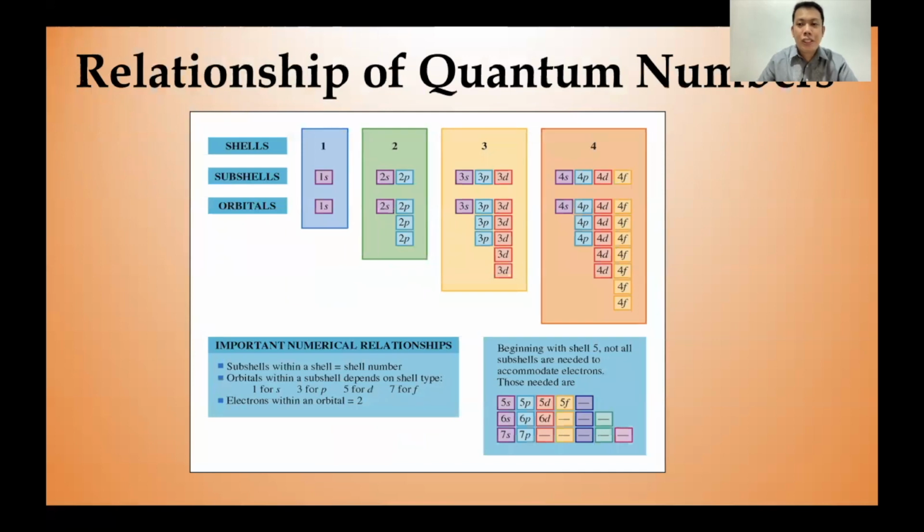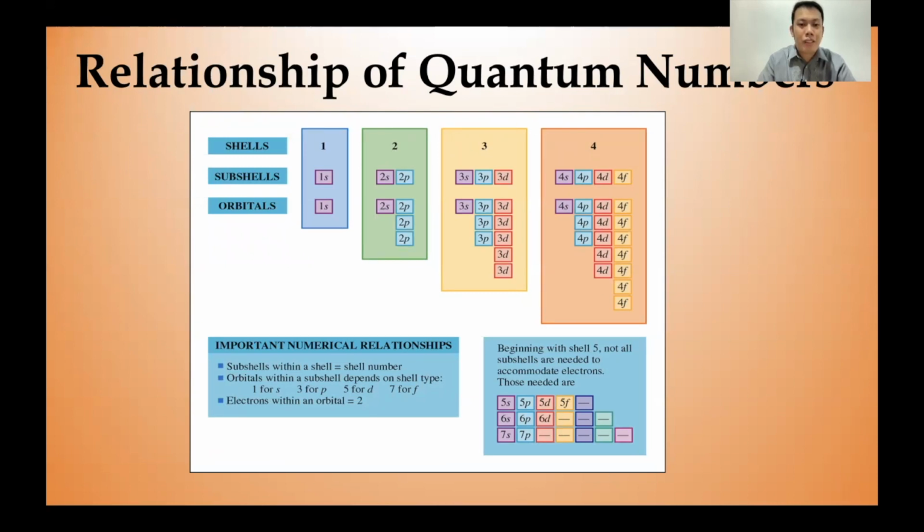As you can see here, this is the relationship between the quantum numbers. The shells are the principal quantum numbers, so that is 1, 2, 3, 4, and so on. Subshells are the s, p, d, and f.